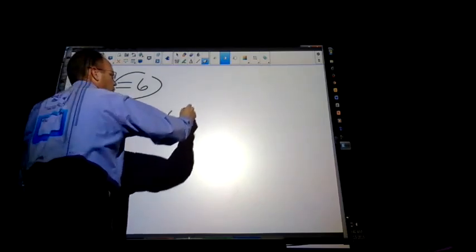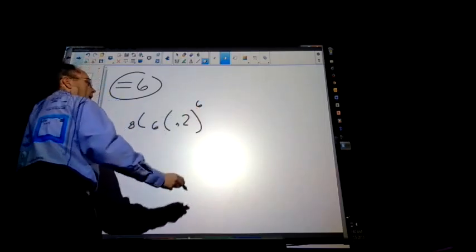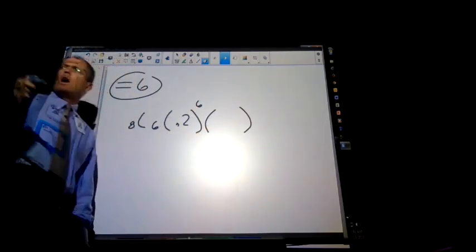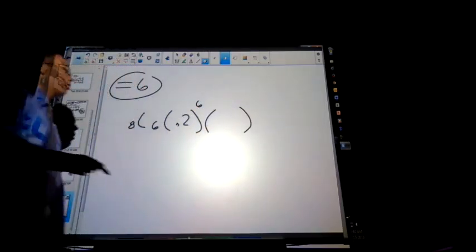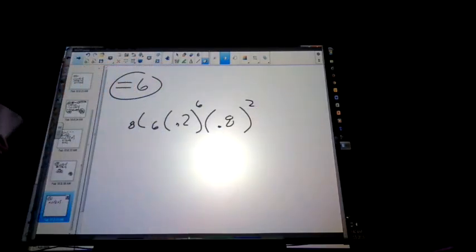Probability I get it right is 1/5 because there's 5 choices, which is 0.2, and raise this to the 6th power. Probability I get it wrong is 4 out of 5, which is 0.8. And there's only 2 questions left. What's 8 choose 6? It's 28.